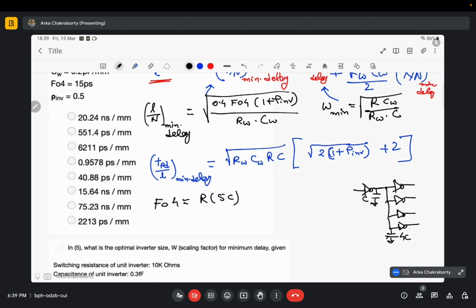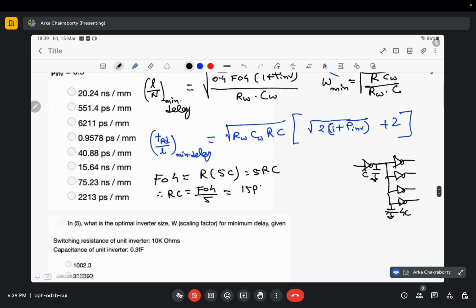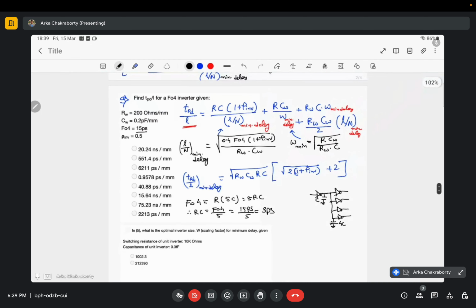So net C would be C plus 4C, 5C. So fan out of 4 is equal to 5RC, right? Therefore RC would be equal to fan out of 4 by 5. Fan out of 4 is given as 15 picosecond. So 15 picosecond by 5 would be 3 picosecond. Correct?